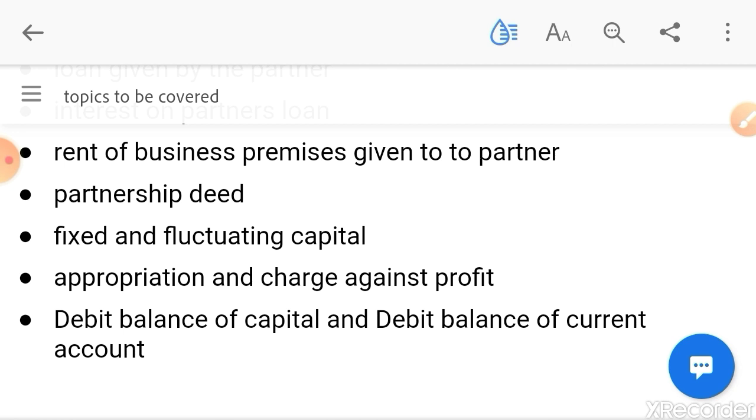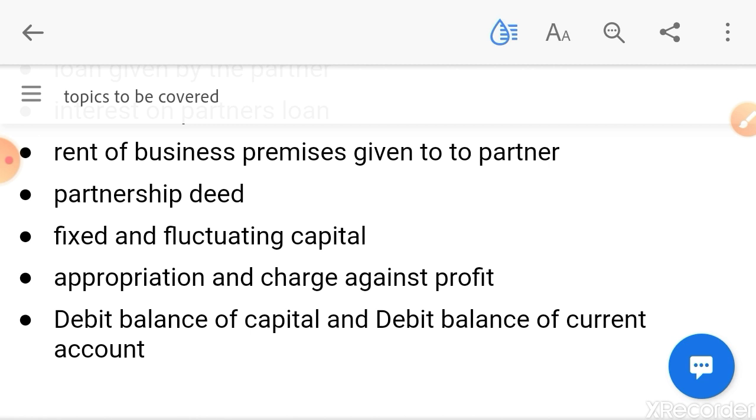That means if there is a sufficient amount of profit, then only we are going to pay them the interest, otherwise we will not pay them interest. Is this point clear? But if we have to pay interest on loan, it will be debited in the profit and loss account. That means even if we don't have sufficient profit, we still have to provide the interest on loan. Is this clear?